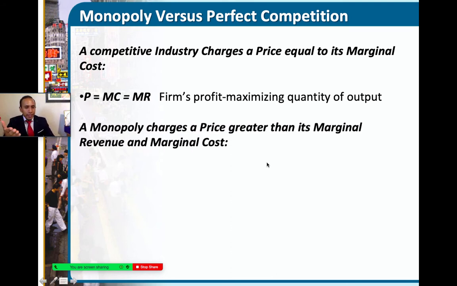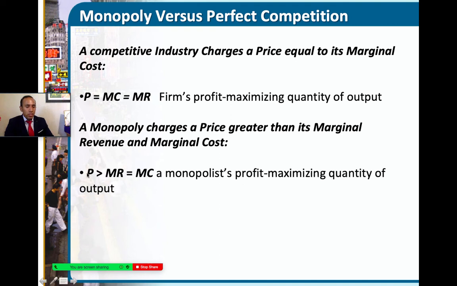So a monopoly traditionally charges a higher price for its good or service, above marginal revenue, above marginal cost, and above average total cost, above all of the costs that could be produced. So monopolies are very powerful in terms of price setting behavior. The price is greater than the marginal revenue per unit.